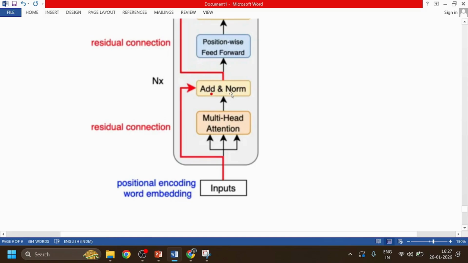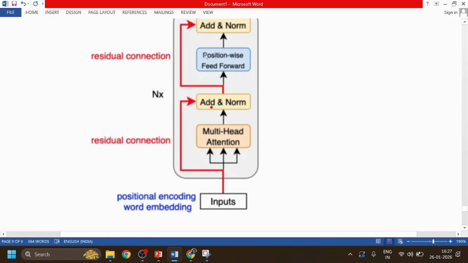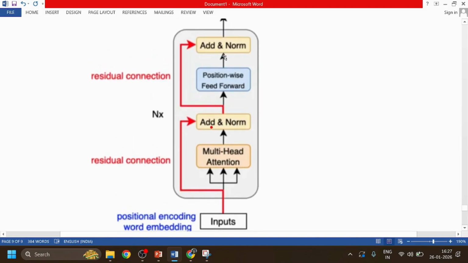After this it passes to the feed forward neural network and add and normalize again. This entire block is repeated multiple times. This is the complete encoder block.